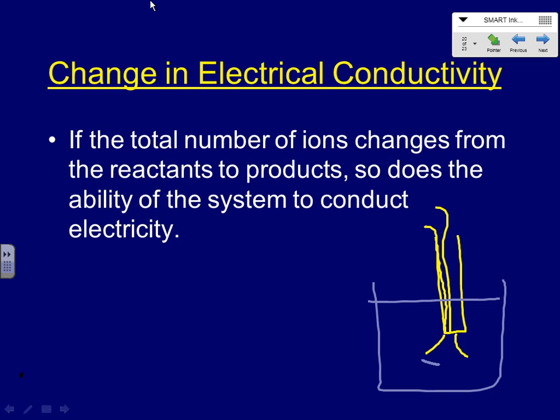The computer can put a little voltage on it and try to push some electricity through it, and as it measures the current flow, it gets a measurement of the conductivity. If the ion levels disappear, then the conductivity gets lower and lower, and if the ion levels increase, then the conductivity increases, right? And again, this can all be done with computer, okay?